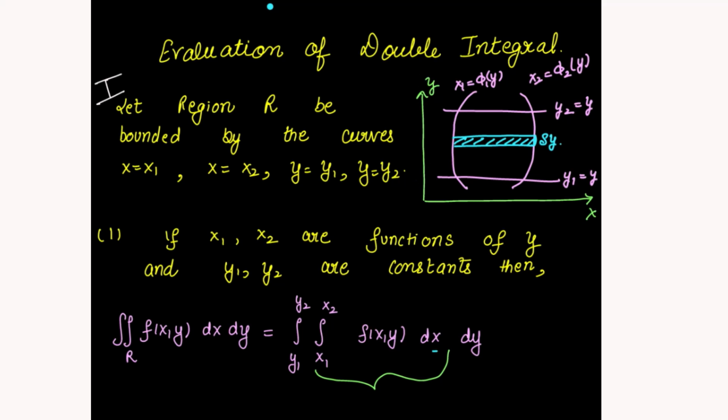This is your y coordinate axis, this is your x. So please remember, when y1 and y2 are constants, make the strip parallel to the x coordinate axis, right? And the formula becomes double integral over R f(x,y) dx dy is equal to, now because y1 and y2 are constants, keep the limits outside, and inside keep the limits x1, x2, which are functions of y. And you have to integrate first with respect to dx, because when you integrate this with respect to dx, finally you are going to have your expression in y, because x1 and x2 are functions of y.